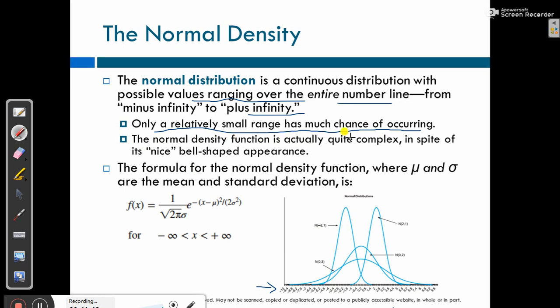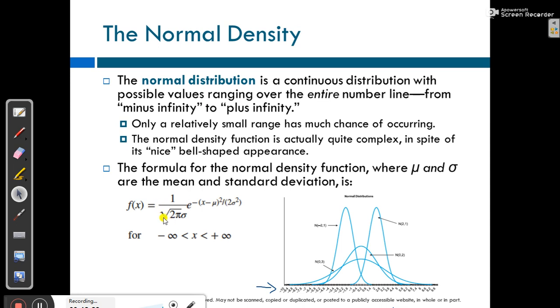The normal density function is actually quite complex in spite of its nice bell-shaped appearance. You can see what this density function looks like, but if you go through the main function of f(x), you will find it tougher and more complex. Here is the formula for the normal density function, where mu is the mean and sigma is the standard deviation.